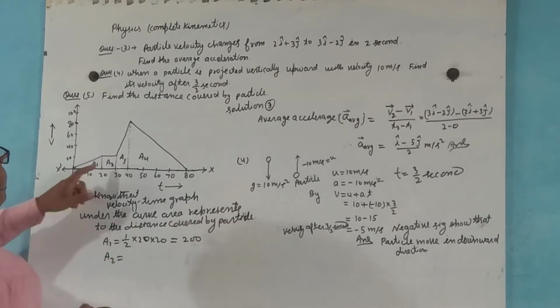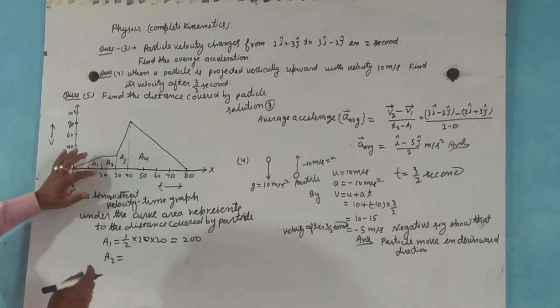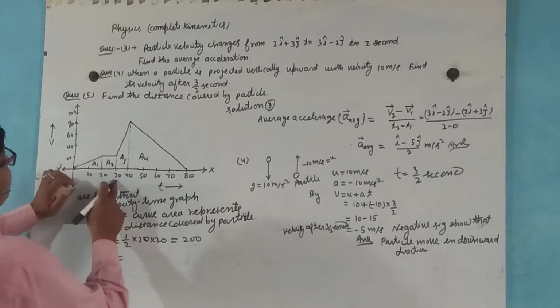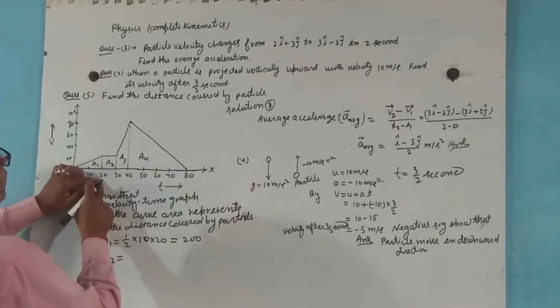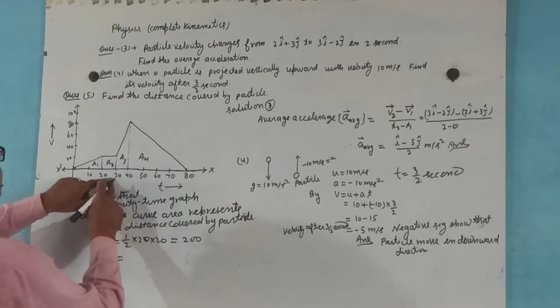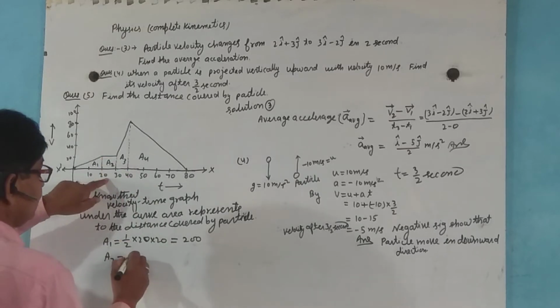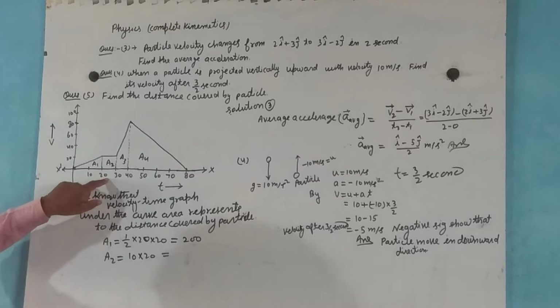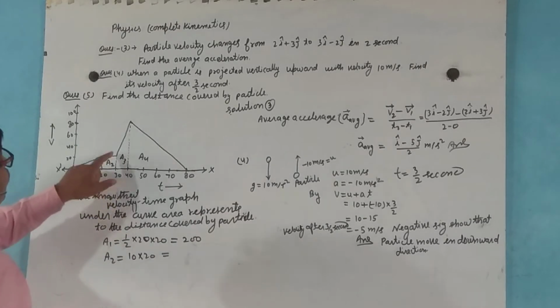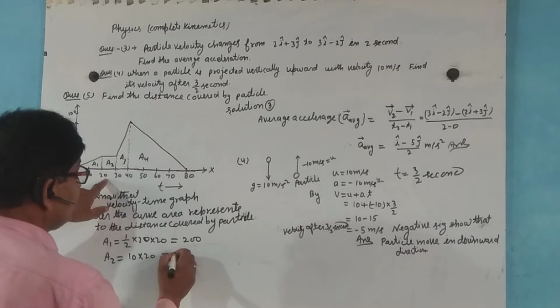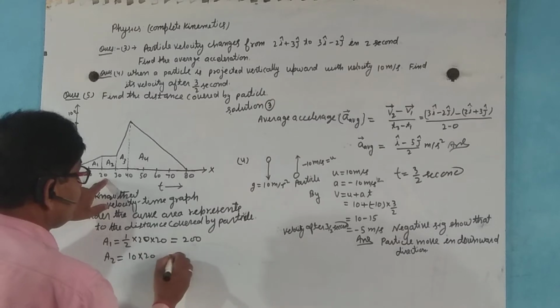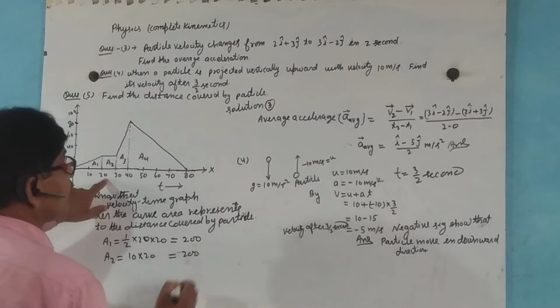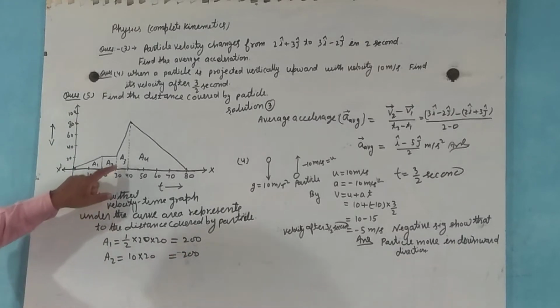A2 is a rectangle, 30 minus 10 is 20, into 10, which is equal to 200 meter.